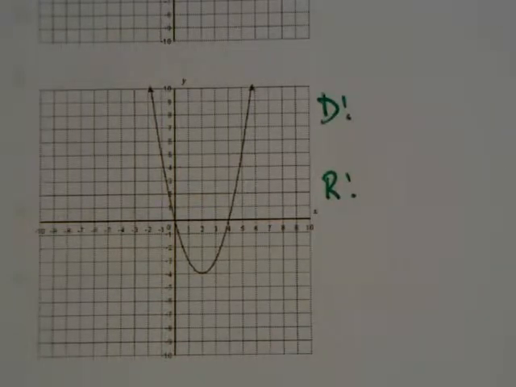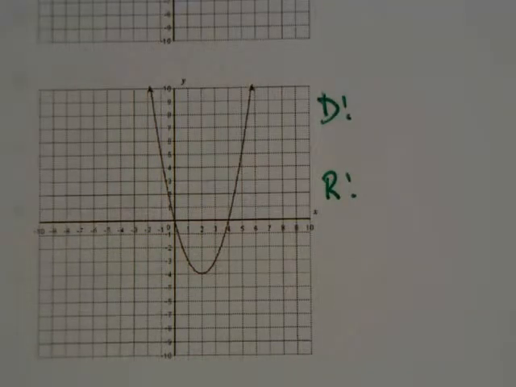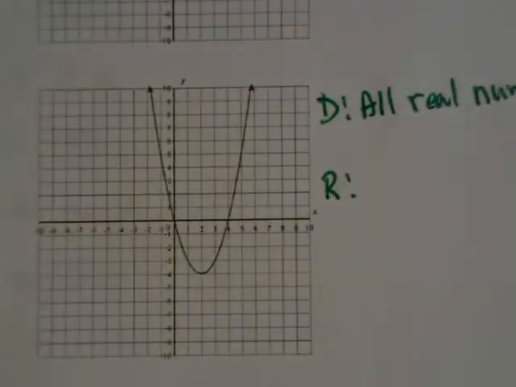So we can use any number. Eventually, this graph goes all the way to the left. Eventually, it goes all the way to the right. That means we can use any number in the whole wide world we want. And the way we write that is we say all real numbers. We can write that out in words as I did, or we can use symbols.